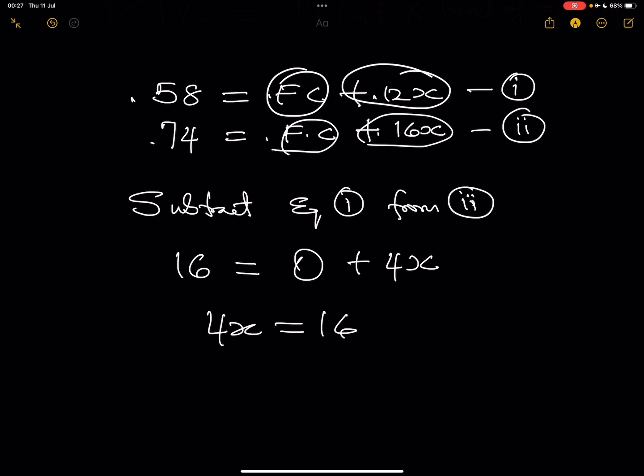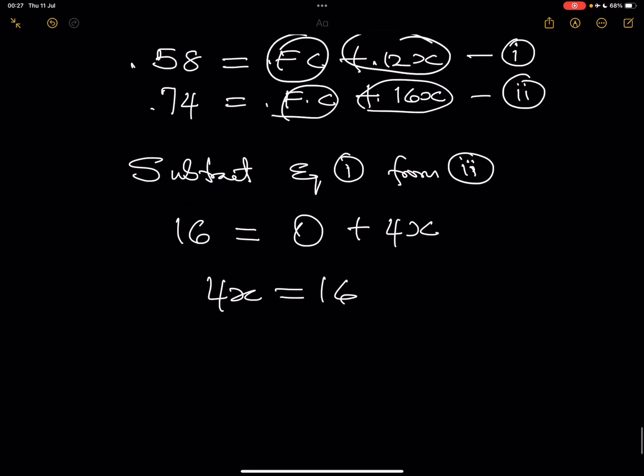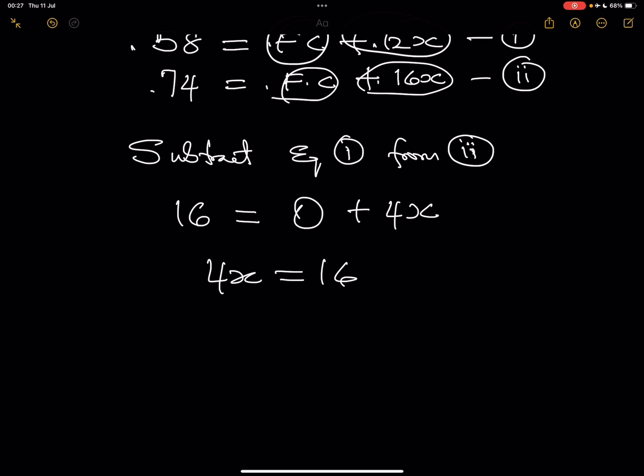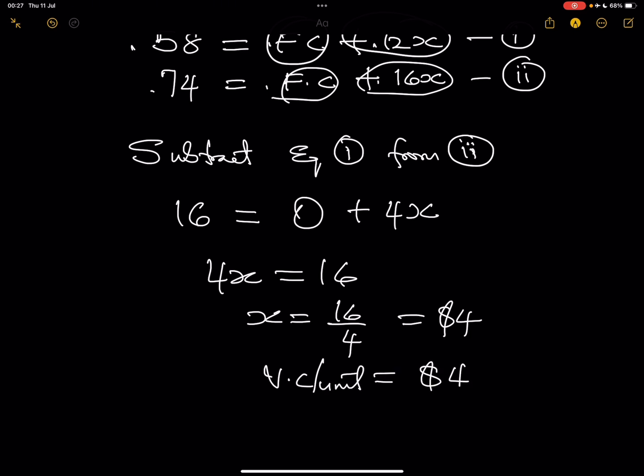There's something about this paper: you need to brush up a bit on your mathematics so that you can feel comfortable with it. If you're not very comfortable, you need to practice more often and do a lot, because you will need all these little mathematics concepts in management accounting. So X equals 16 divided by 4, and X equals $4. Which means variable cost per unit is $4.